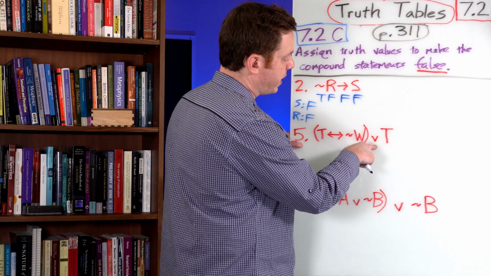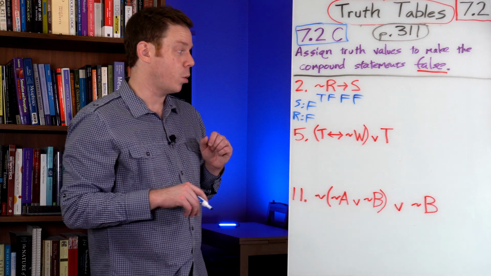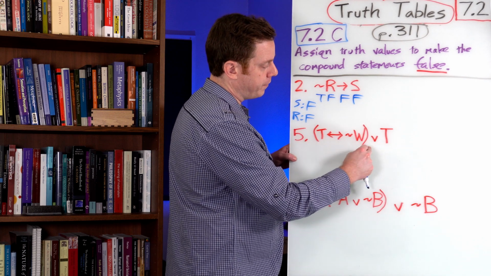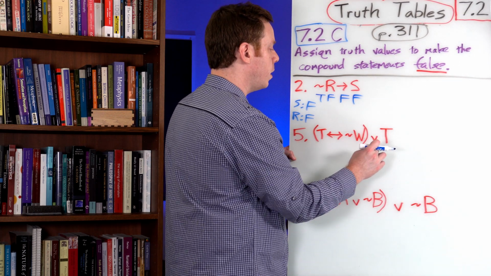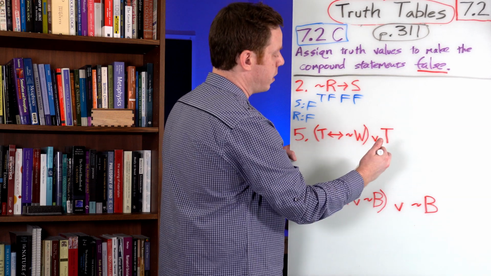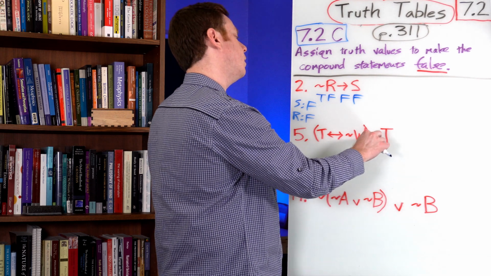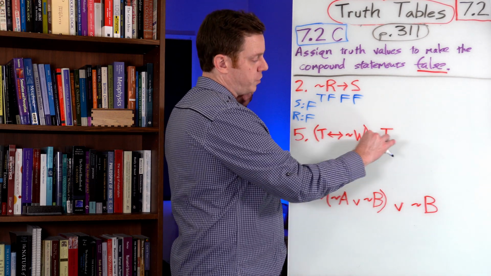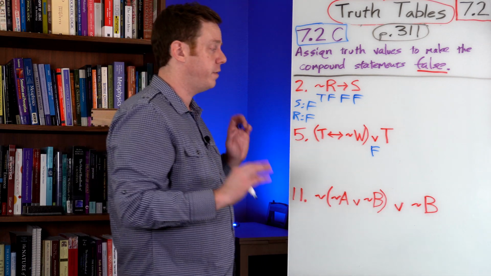Looks like the main operator is actually the V. So this has to be an either-or statement: either this whole thing on the left or the thing on the right. We're trying to make the whole statement come out false, so we're going to say this disjunction is false. If this disjunction is false, what does that mean about each side of the V?